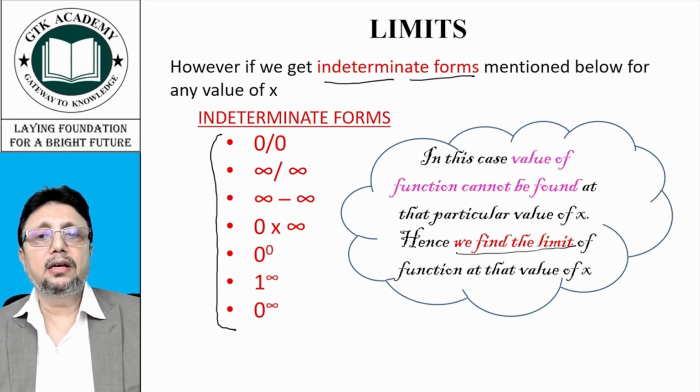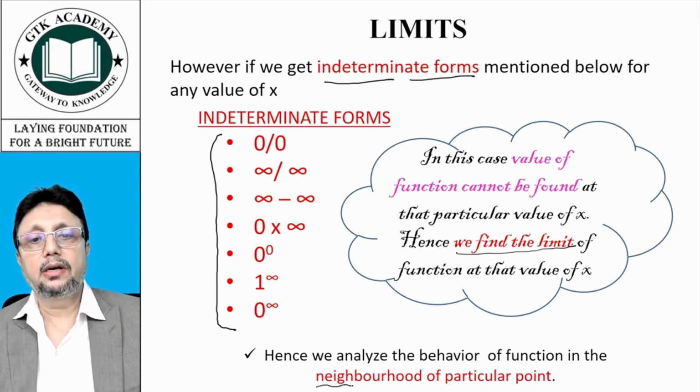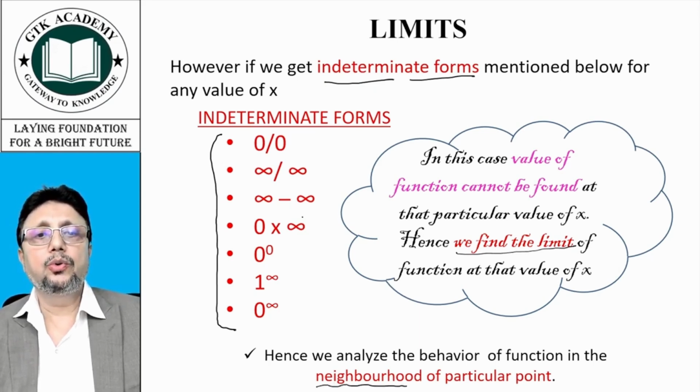Now, how do we find the limit of the function? We analyze the behavior of the function in the neighborhood of a particular point. Suppose you get any of these forms at a particular value, say x = a.